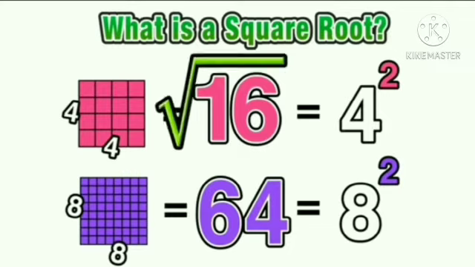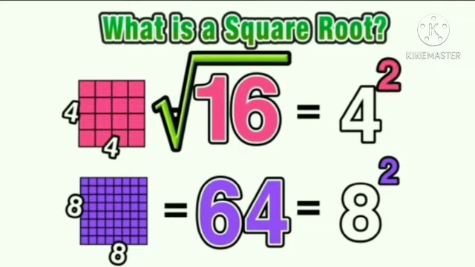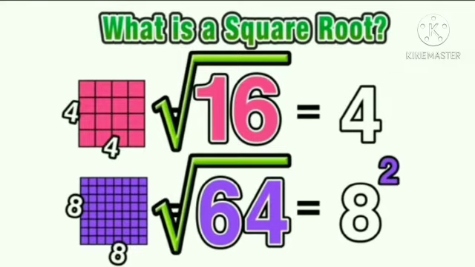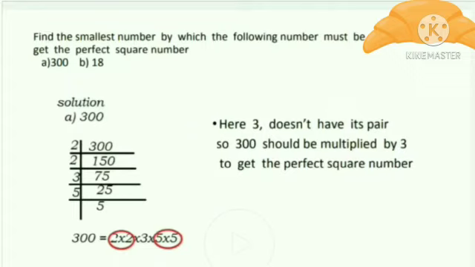Now we can take that root 16 is equal to 4, and at the same time root 64 is equal to 8. Here we are going to solve some problems under perfect square.